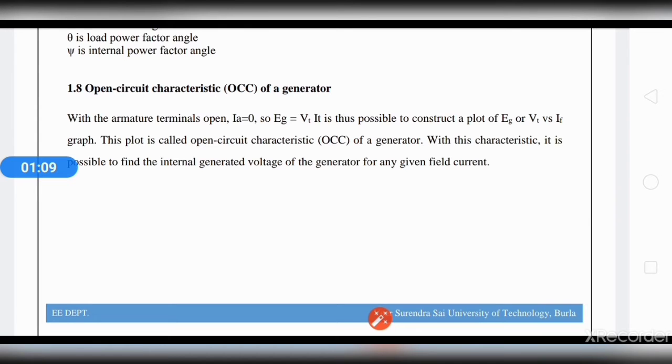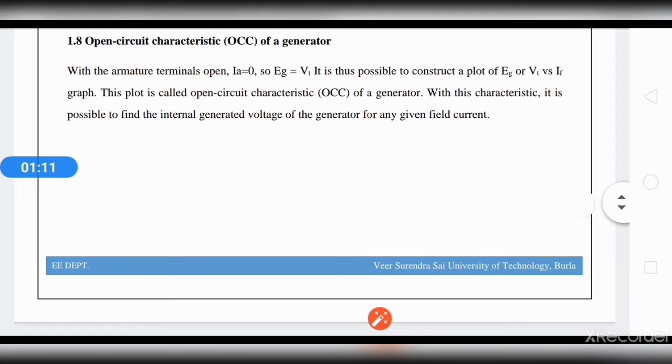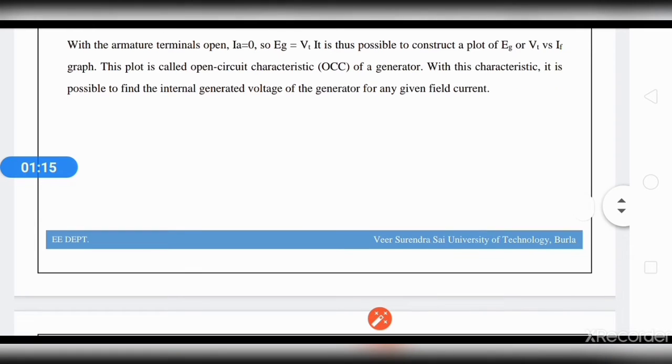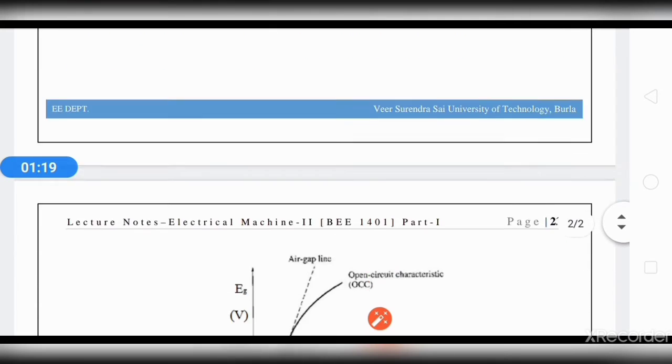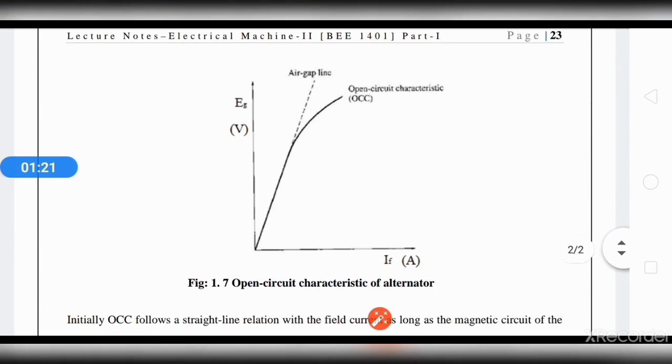Now let us see how this characteristic can be drawn. With this characteristic, it is possible to find the internal generated voltage of the generator for any given field current. The OCC characteristic of the alternator comes out in this shape, which is linear in the initial stages and becomes saturated after some time.